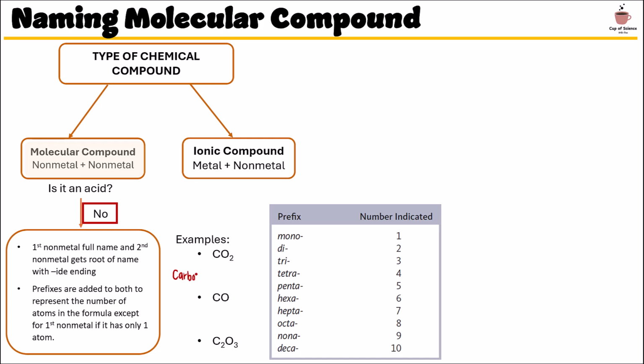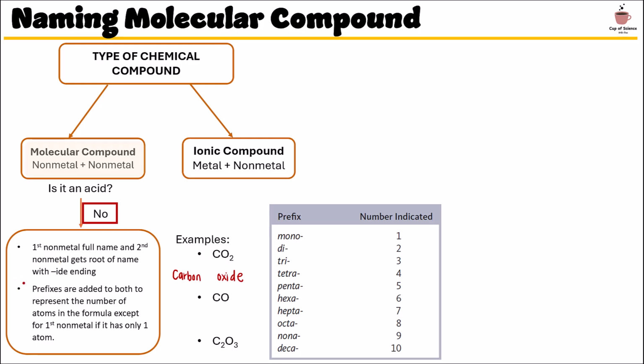Carbon. The second nonmetal, which is this oxygen here, gets the root name with the IDE ending. So you get oxide. And I did leave a space for a reason right here.